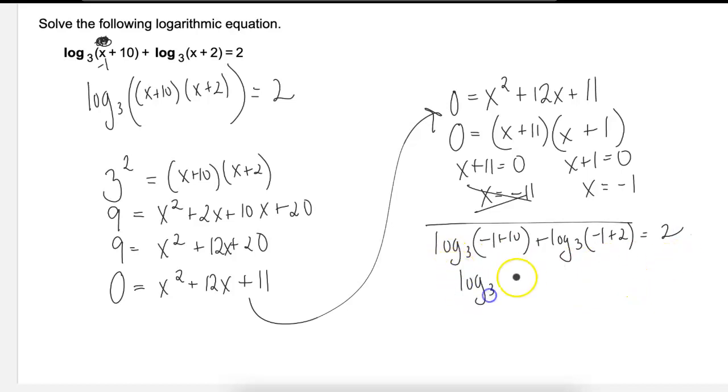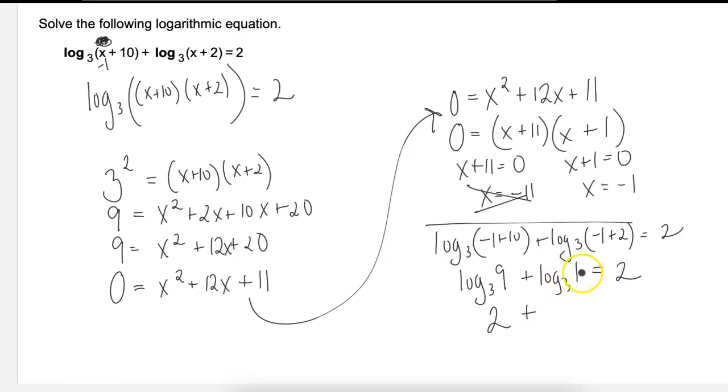We get the log base 3 of 9 plus the log base 3 of 1 equals 2. Well, the log base 3 of 9 is a question that says what exponent needs to be on the base 3 in order to get an answer of 9. Well, the exponent needs to be 2. 3 squared is 9. So that gives us a value of 2.